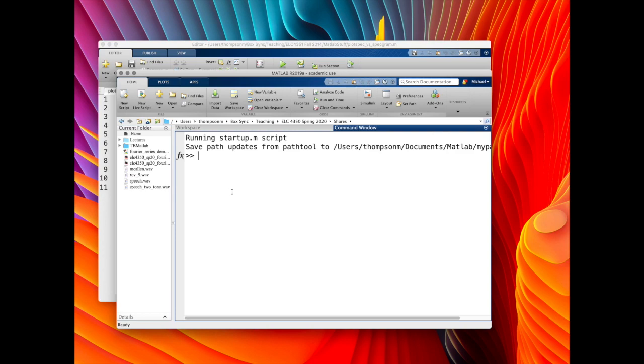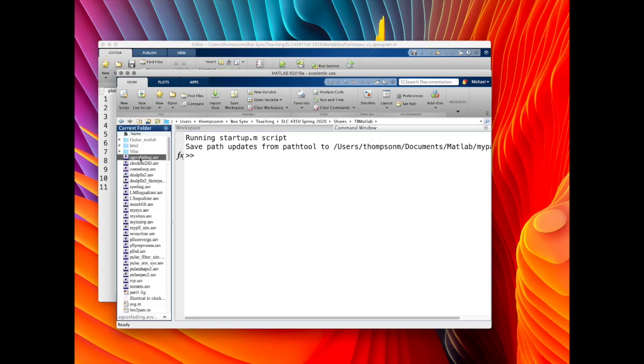Okay, now let's run through some Matlab code to illustrate the points that we were just talking about. Okay, before we get started, you should look at the directory structure here. I've got our class directory here, and then I have the shares folder that I sent you the box link to. Within the shares folder is TB Matlab.